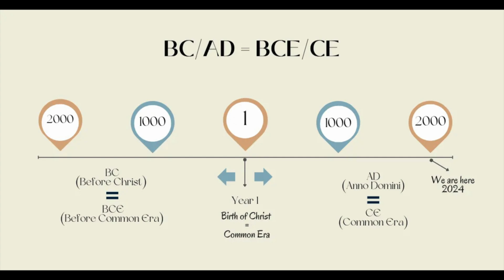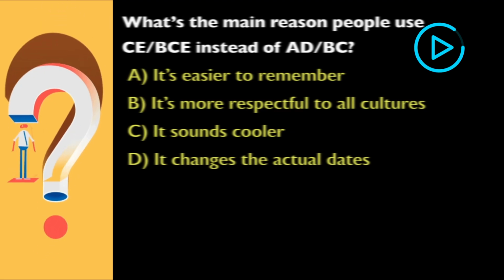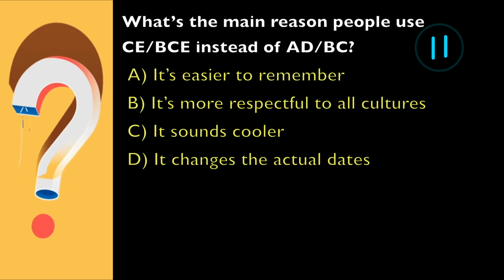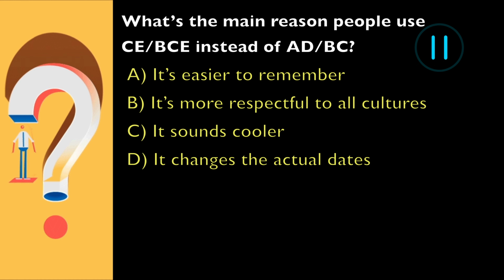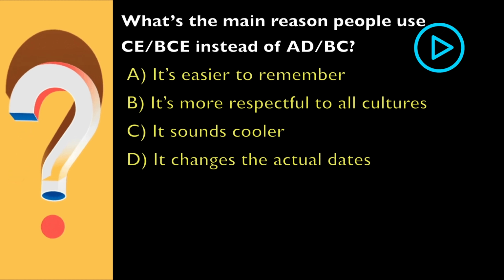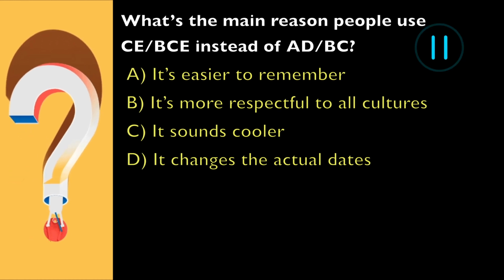AD or CE, that is after the year 1. And the further back in time, the bigger the BC number is. Final question. What's the main reason people use CE or BCE instead of AD and BC?